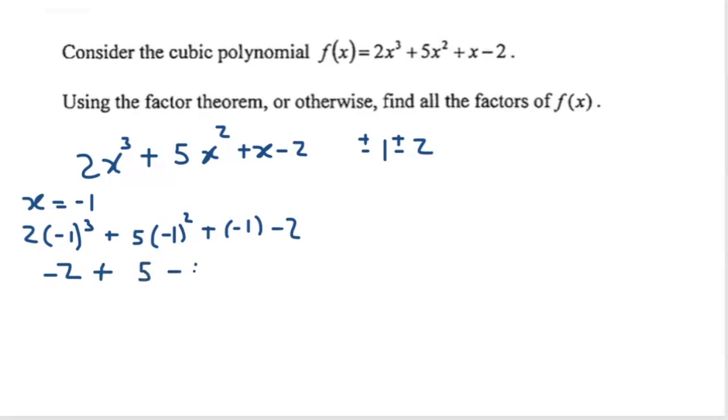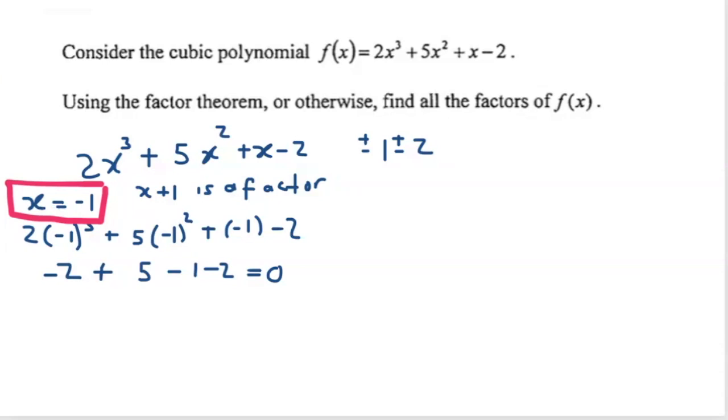Then you have minus 1 minus 2. So minus 2 plus 5 is 3, 3 minus 1 is 2, 2 minus 2 is 0. So that means we have our first factor. If I carry the 1 over the equal sign, what this is saying is that x plus 1 is a factor.